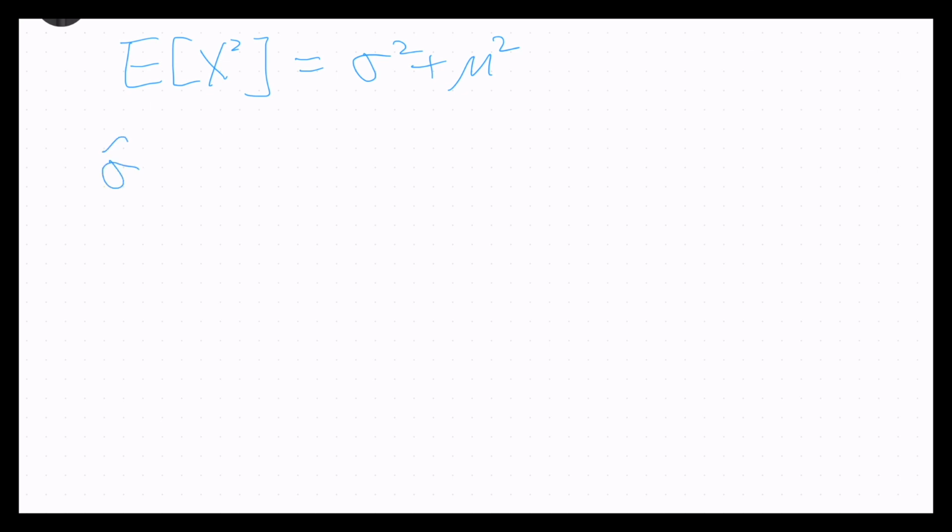We saw the second moment. We want to know the estimate of the variance, so that is the expected value of the second moment minus mu squared.